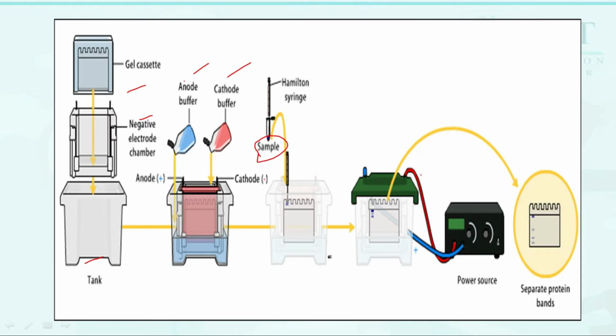Under a suitable electric field, according to the molecular masses of the molecules, the separation will occur, and it is helpful for the identification and isolation of protein molecules. We can observe that there is a line written that says separate protein bands. So students, it is all about SDS page.